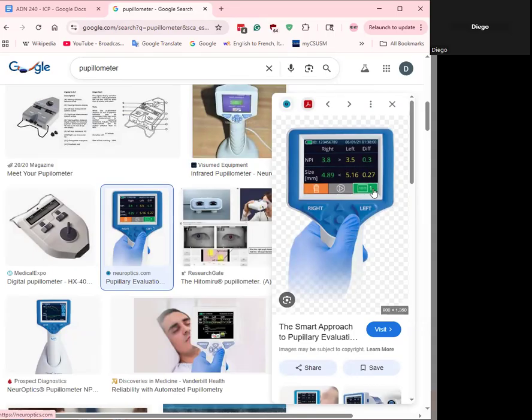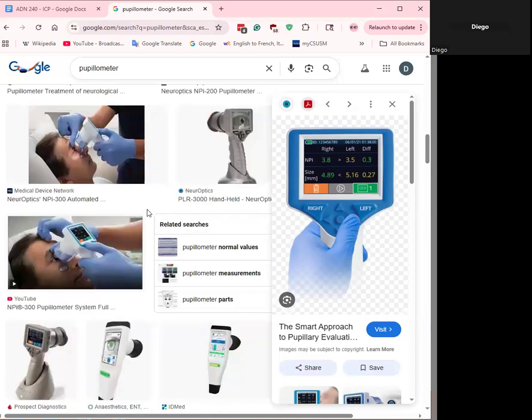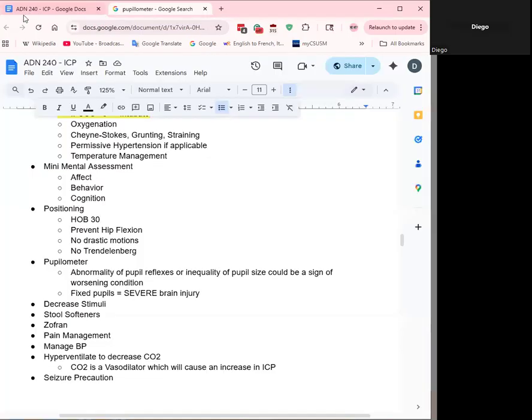The MPI, I think, is the pressure. But it will allow you to see if there's a big difference between the size of the pupils, and up to a certain number can be considered normal. At that point, when somebody has a big difference in their pupils between the left and the right, it's indicative of brain damage. If their pupils are fixed, like fixed open or fixed closed, that's also a sign of brain damage because at that point, their body's not able to self adjust how dilated their pupils are.